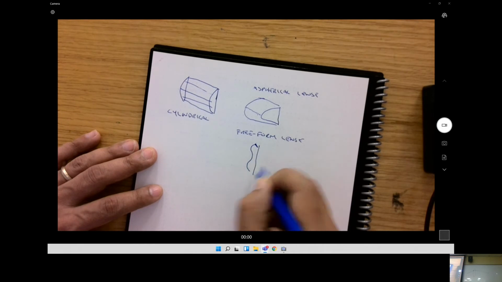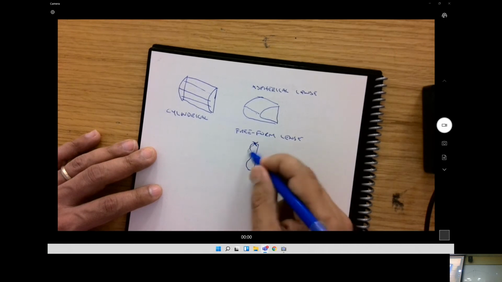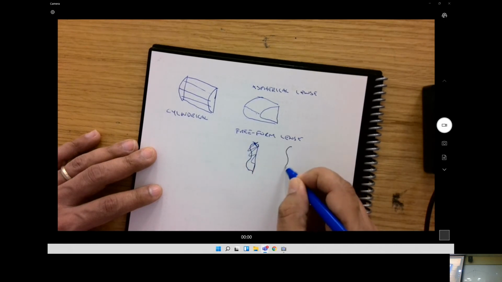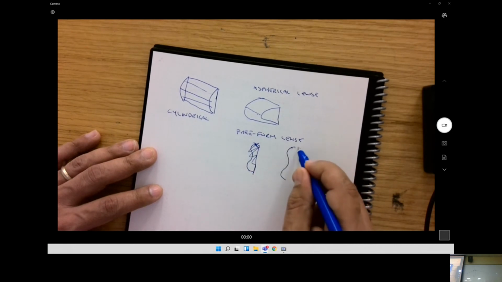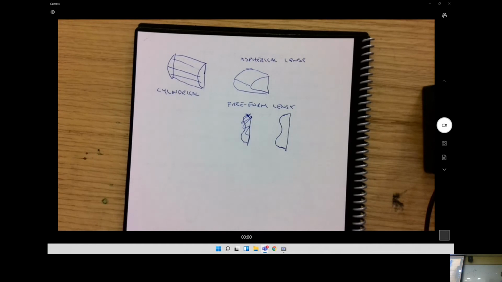Oops, I definitely cannot draw this. The shape is not even a sphere or cylinder or an ellipse. It's just something completely different. It's just a polynomial.